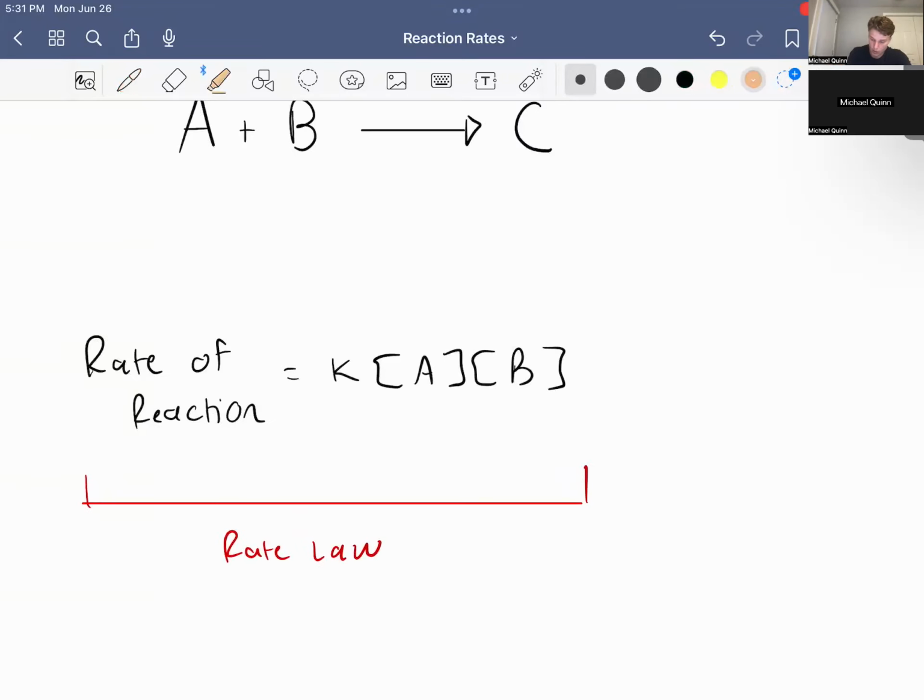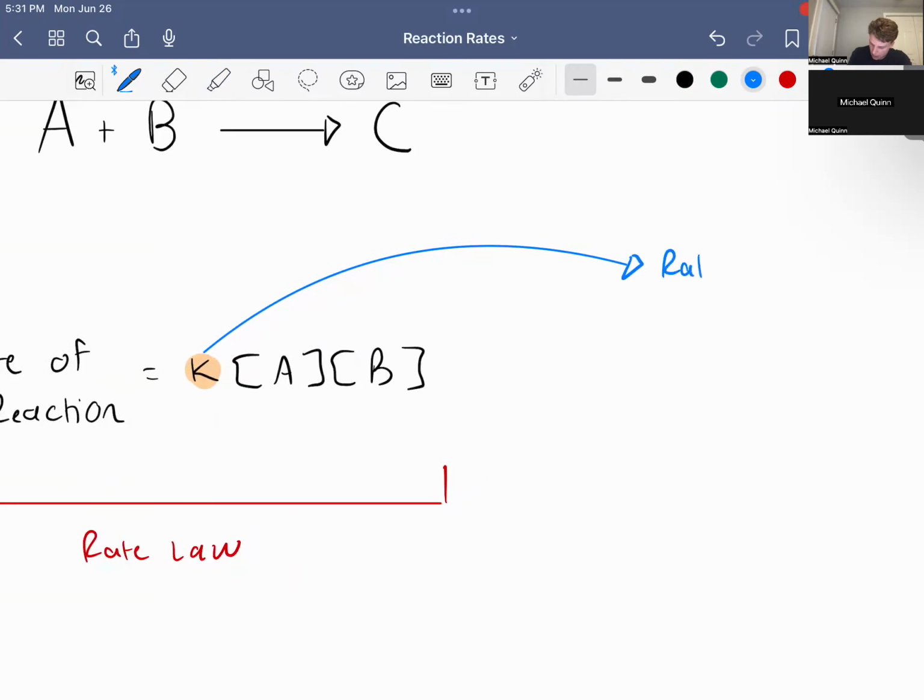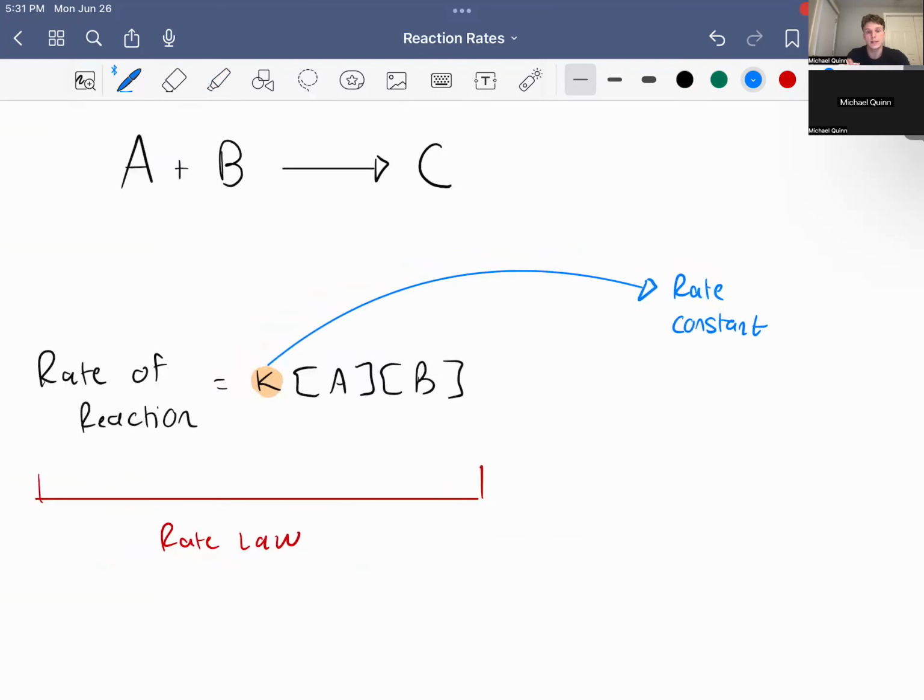Now, the last term that we need to talk about in this rate law is going to be little k. So this k is going to be called our rate constant. It is a proportionality constant that tells us how the concentration of our reactants is going to affect the rate of our reaction depending on their concentrations.